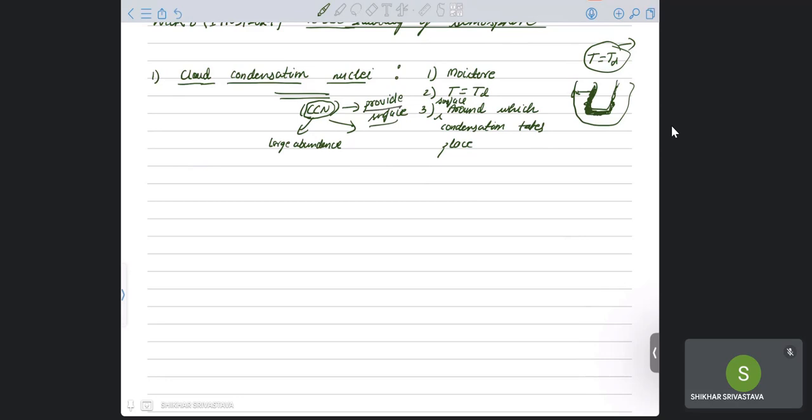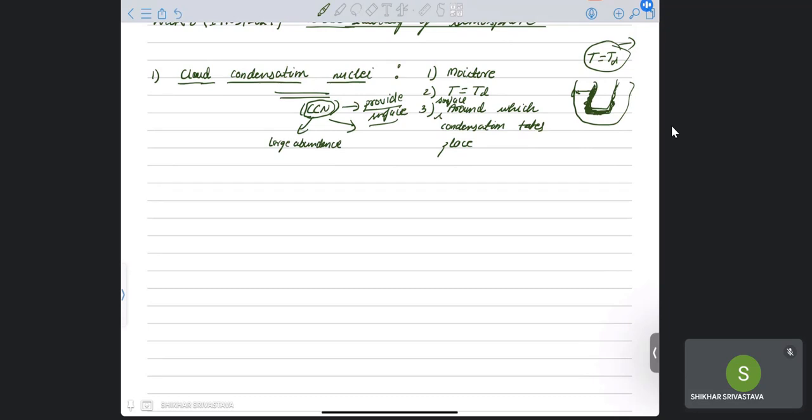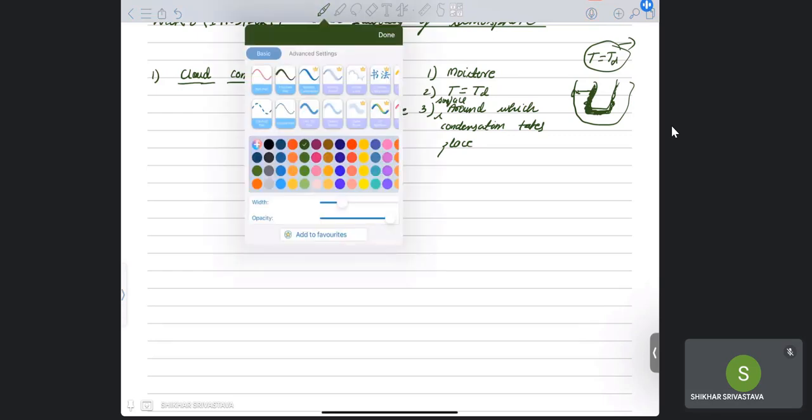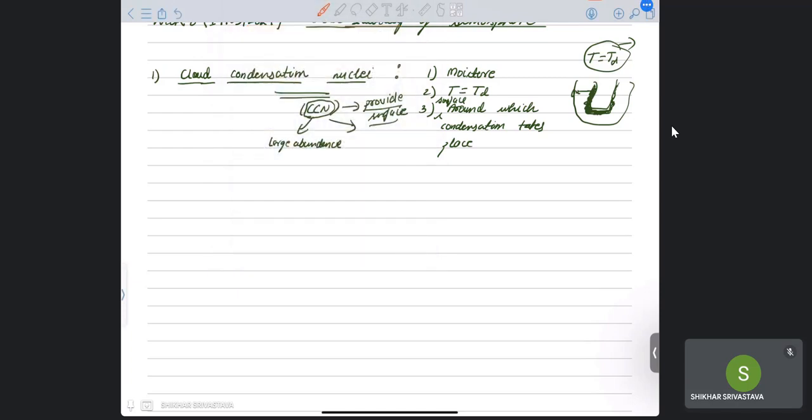Yes, sir. Okay, so now we'll start with the class. Last class we learned about three kinds of lapse rate. I will just revise it again, as I think one confusion was there regarding naming.